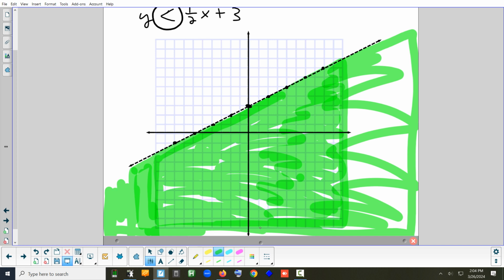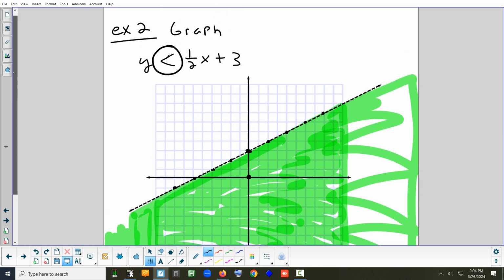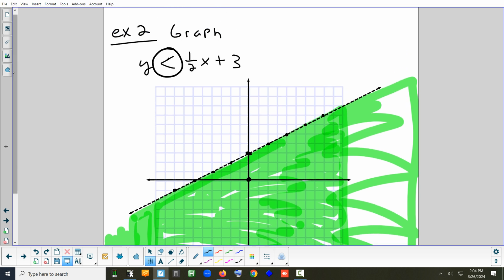Okay, so could somebody name a coordinate that's anywhere in the green? The origin. Yeah, 0, 0. So that means the point 0, 0 should be a solution to that. Well, let's see. If you plug in 0, 0, what's y? 0. And what's x? 0.